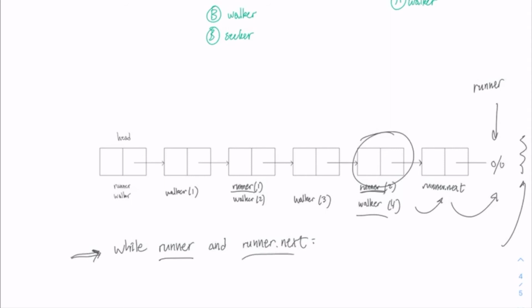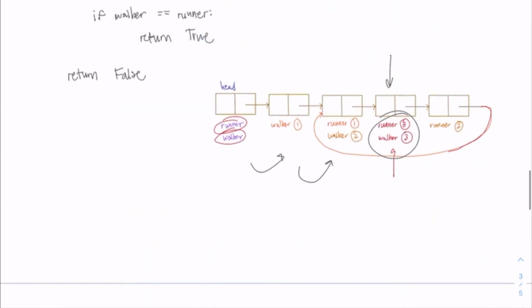So we have to have both runner and runner.next to account for a linked list that has an even number of nodes, and then a linked list that has an odd number. Or sorry, reverse that. A linked list that has an odd number of nodes, 1, 2, 3, 4, 5. And then runner.next is for the condition where a linked list has an even number of nodes.